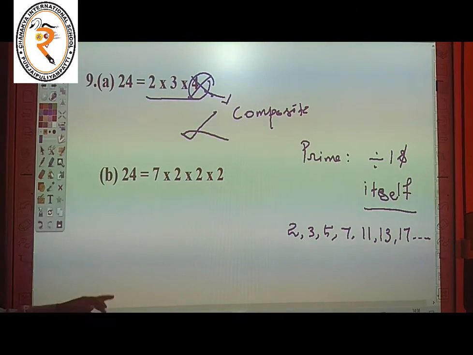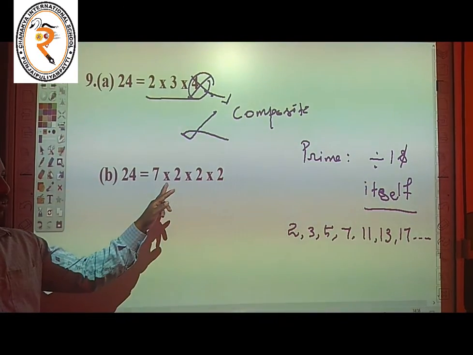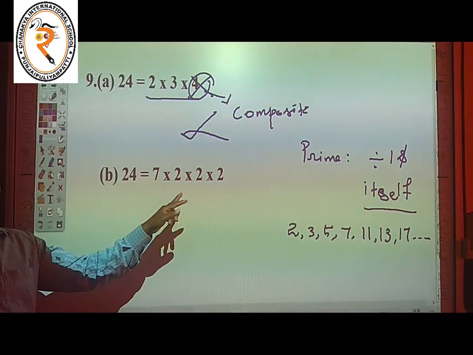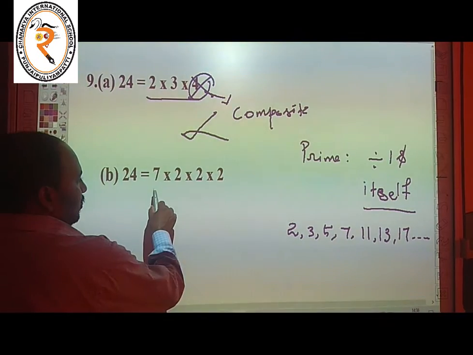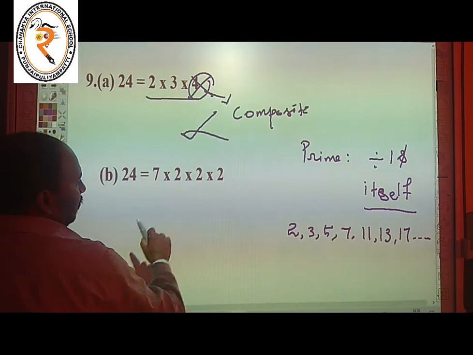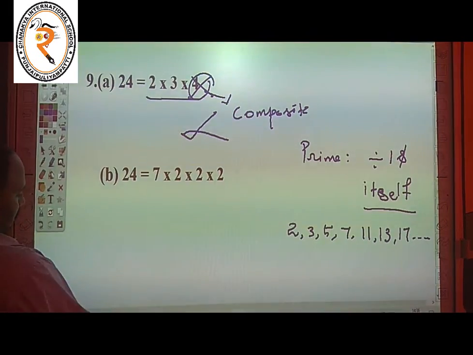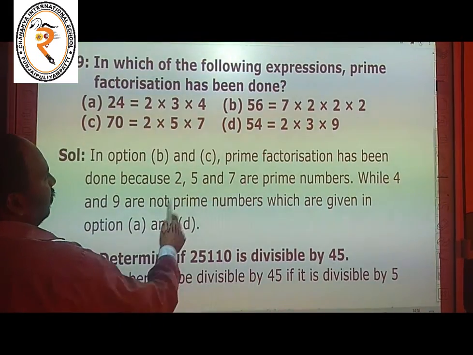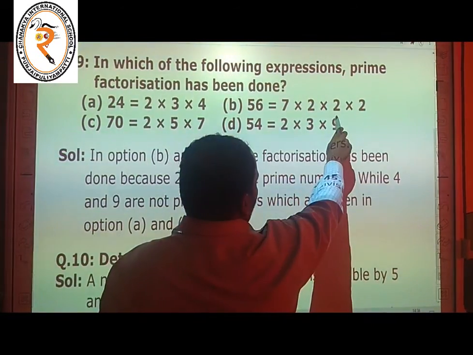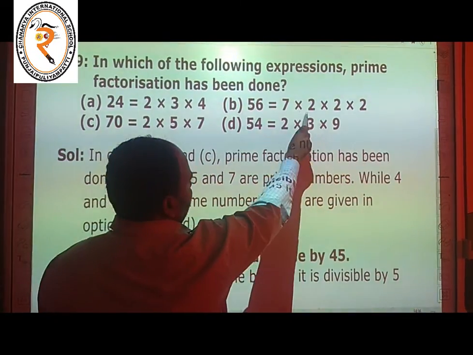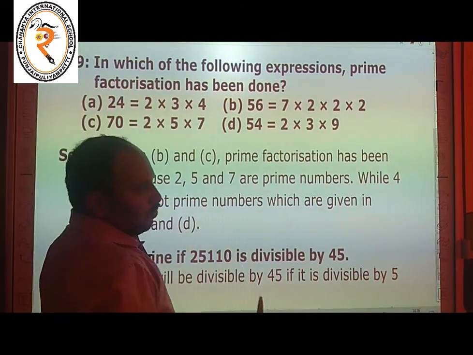The next one, 56 is equal to 7 into 2 into 2 into 2. This is a prime factorization. 7 2s are 14, 14 into 2 is 28, 28 into 2 is 56.